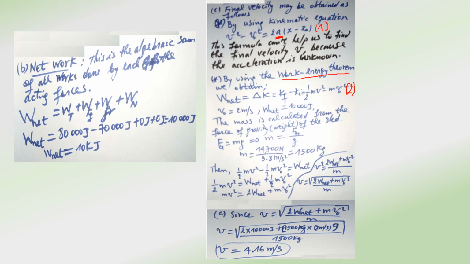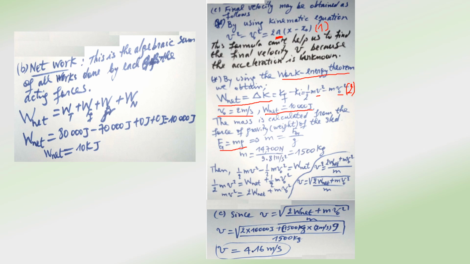The work energy theorem states that the net work done on a body is equal to the change in kinetic energy. Here, the change in kinetic energy involves the final velocity and the initial velocity of the moving body. The initial velocity is 2 meters per second and the net work is equal to 10 kilojoules, and the mass of the body may be calculated from the force of gravity, where the force of gravity equals mass times the acceleration due to gravity g.